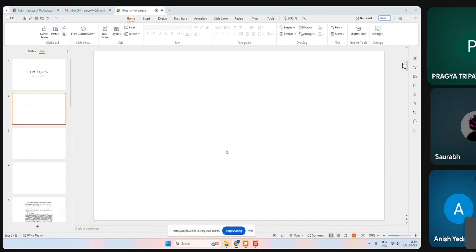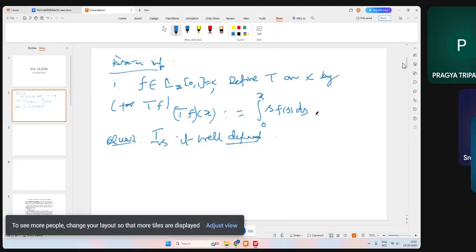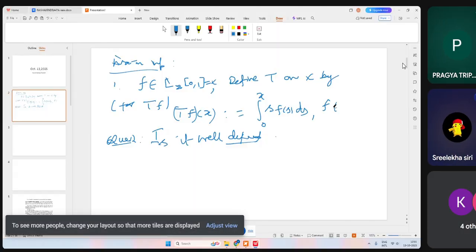Question 1: is it well defined? You have put the definitions, okay. What is the meaning of well defined? Well defined means for each f in L2, this integral should be finite.